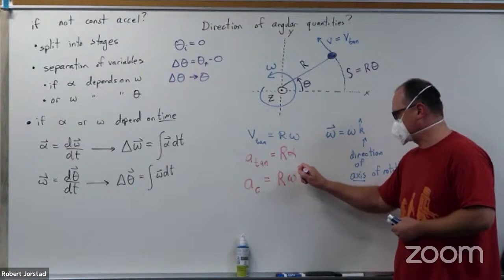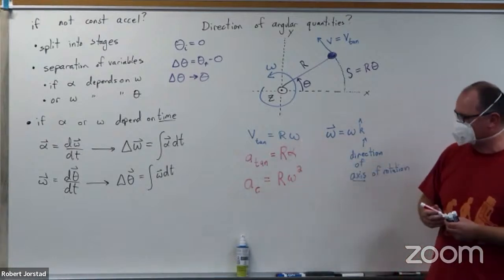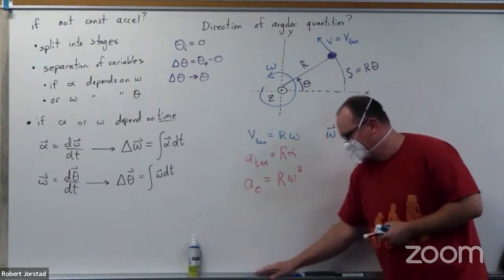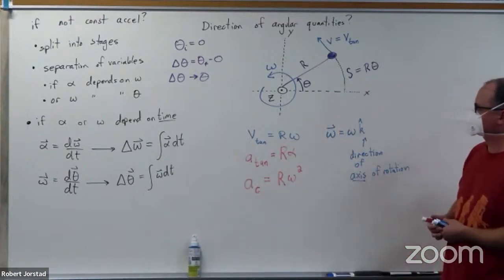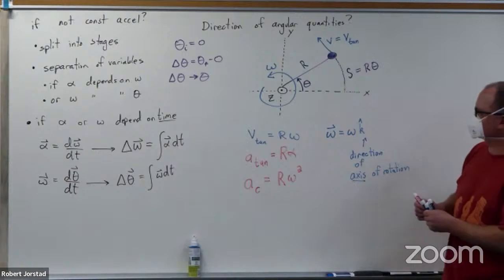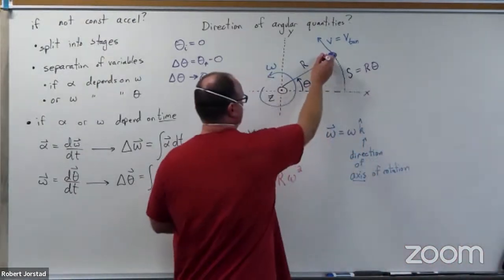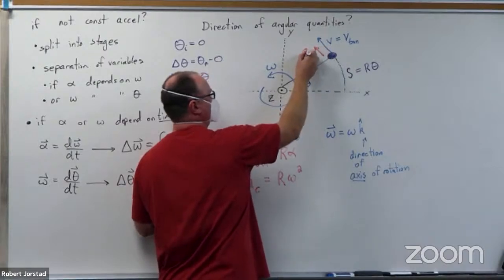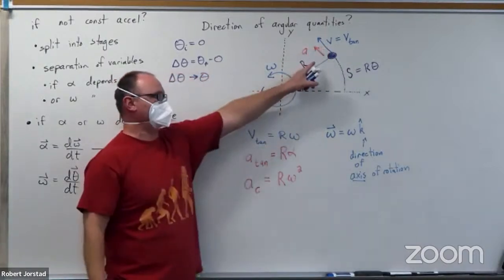So notice this is convenient when we're doing angular quantities. If you know something's RPMs, you can get AC. Well, wait a minute. In this case, let me see if I can draw this really quick. This would be A tan or AC if it's going this way.